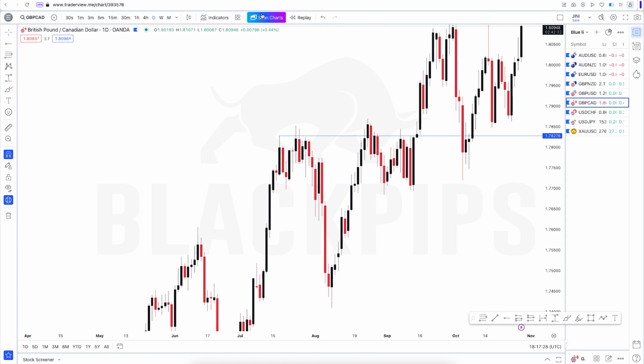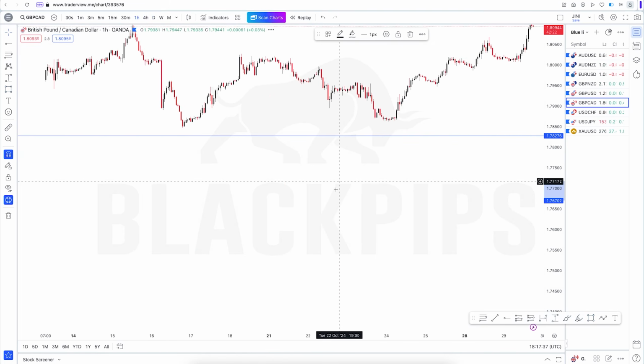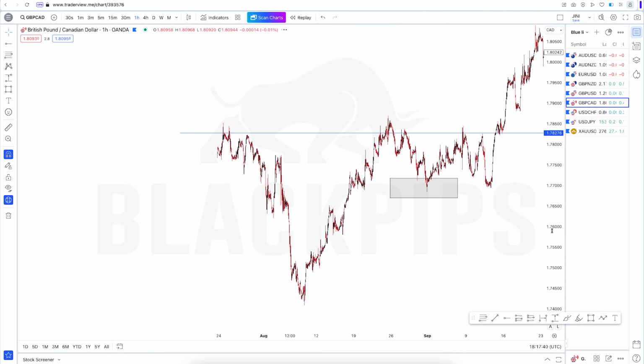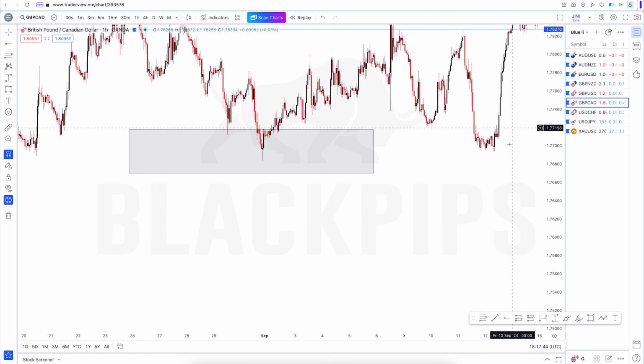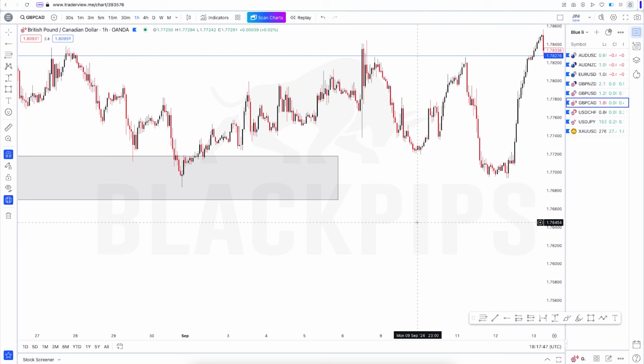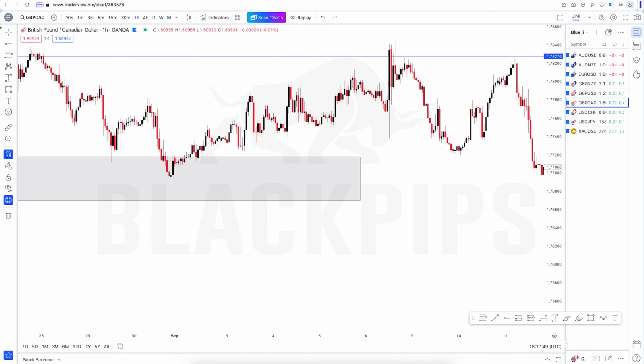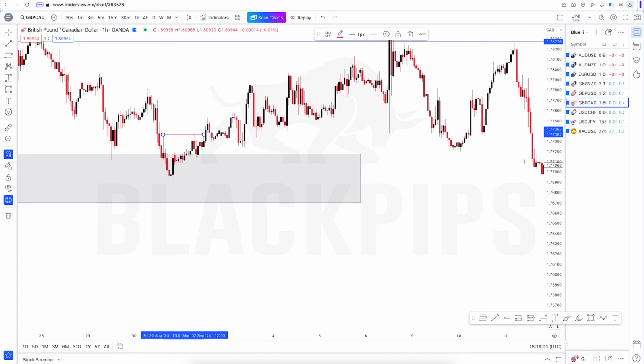So after the reaction, let's mark this level here, and let's go back to the 1 hour time frame. What you can see is that the market just changes the character at this level here, and also gives us these inside formations here.